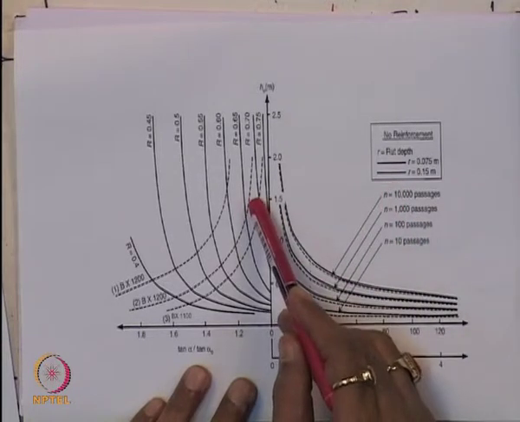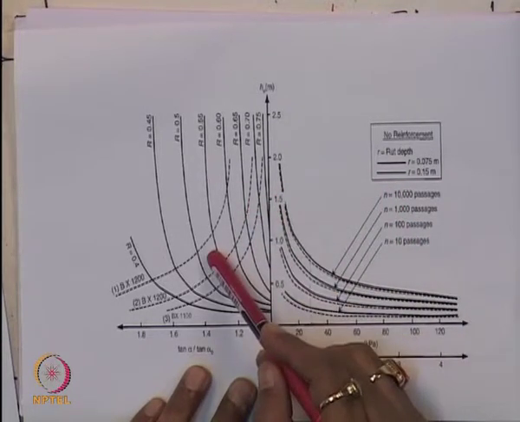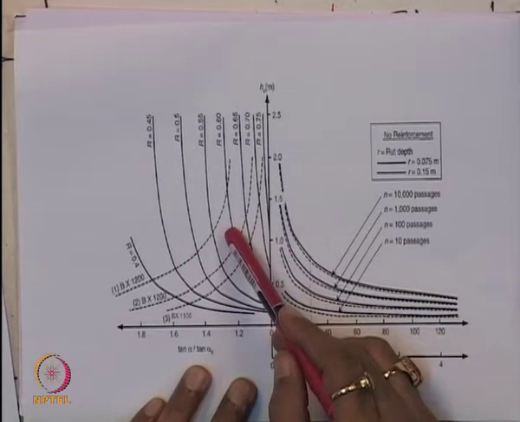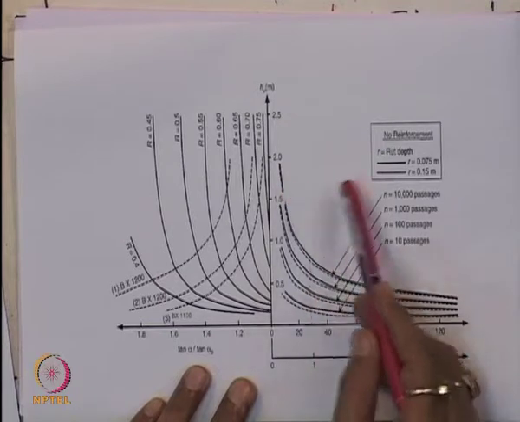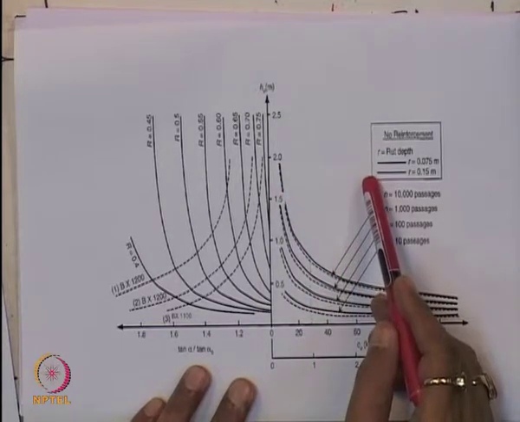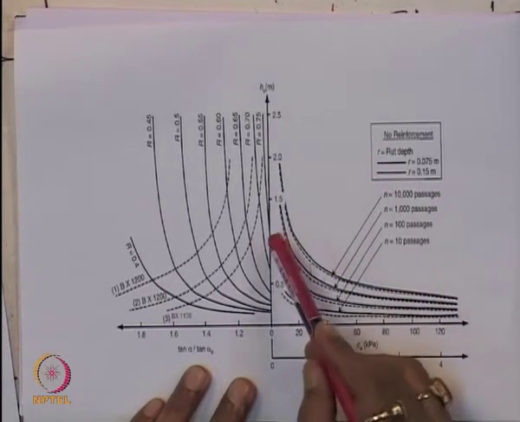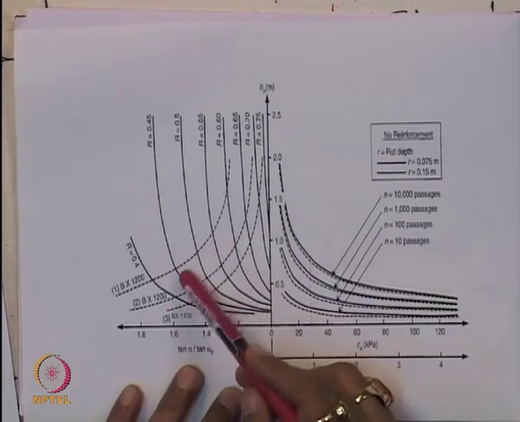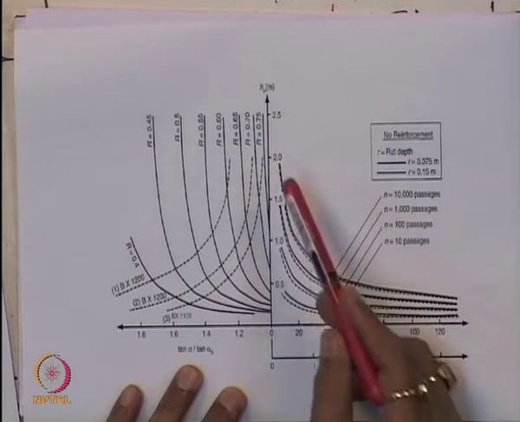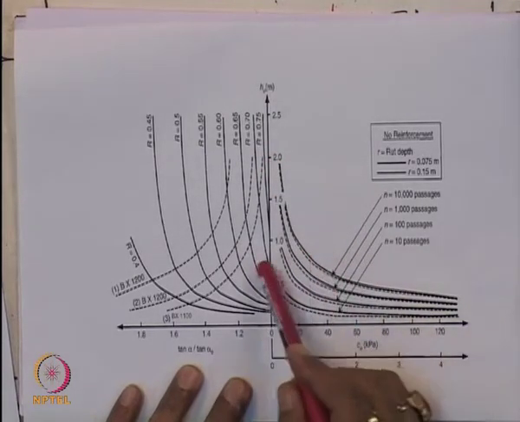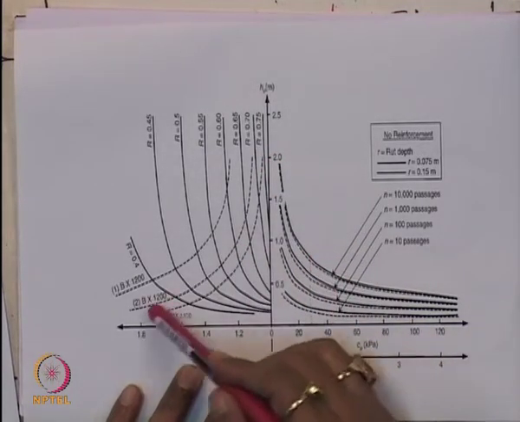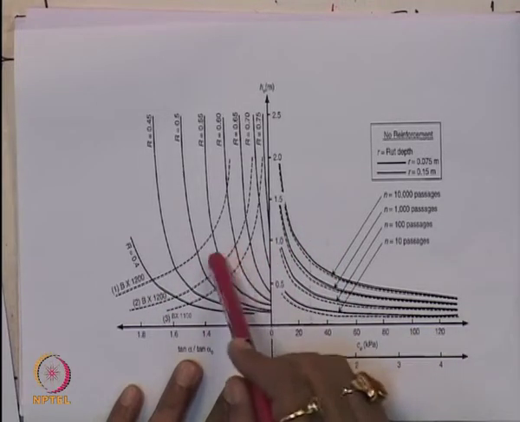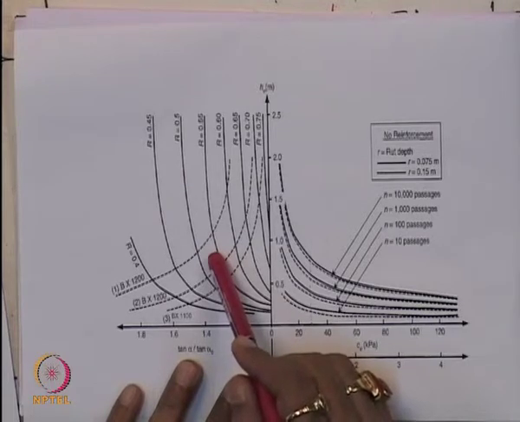So R is the ratio of the thickness of the pavement with geogrid reinforcement and the thickness of the pavement without geogrid reinforcement. So this left hand side is for the thickness for geogrid material. From the left hand side, you can calculate what should be the R value.